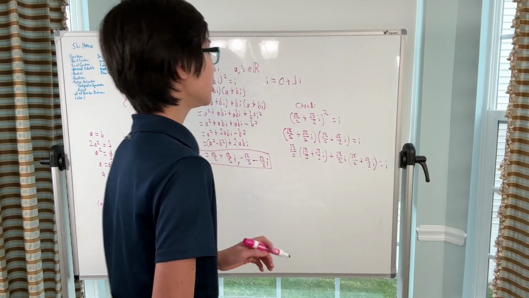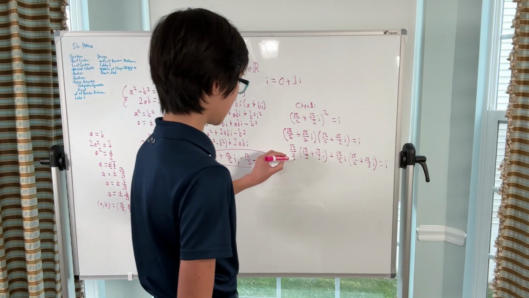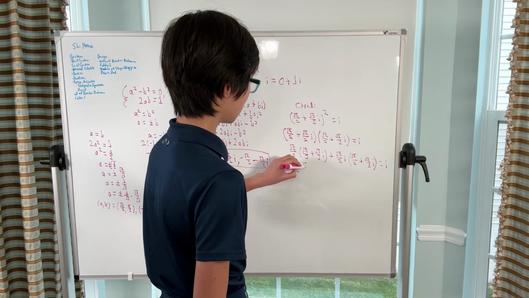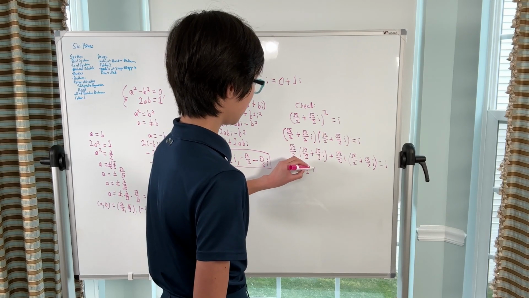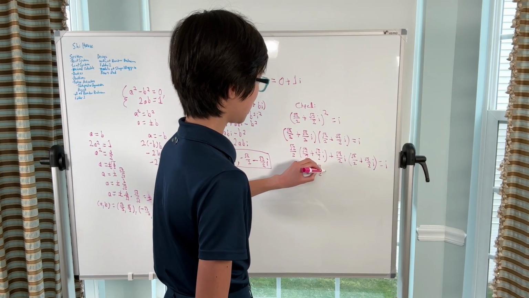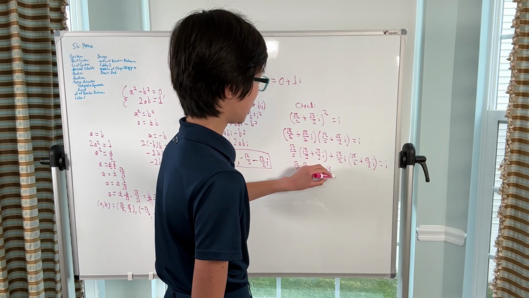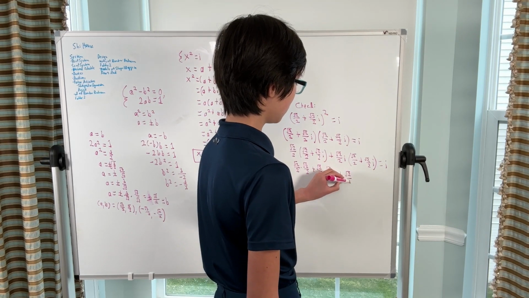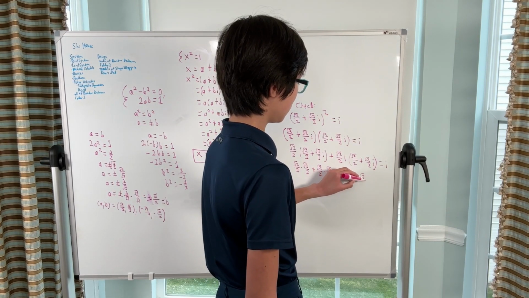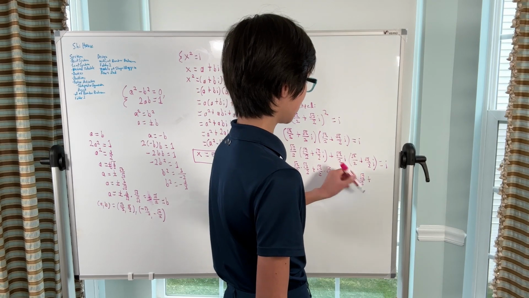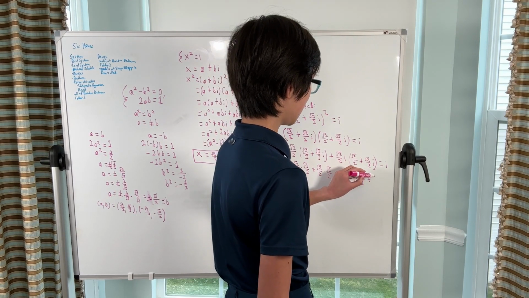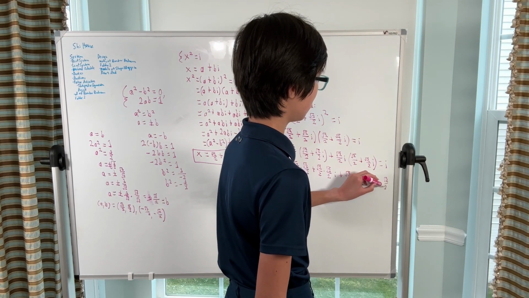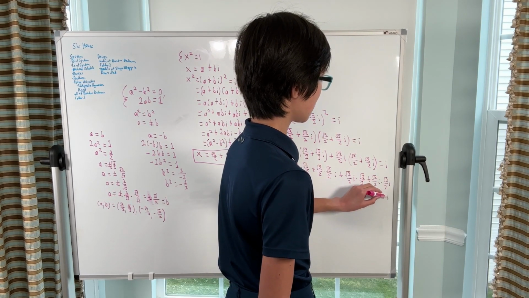Now we can further use the distributive property and say the square root of 2 over 2 times the square root of 2 over 2 plus the square root of 2 over 2 times the square root of 2 over 2i plus the square root of 2 over 2i times the square root of 2 over 2 plus these last terms, which is the square root of 2 over 2i times the square root of 2 over 2i, and all of this equals i once again.